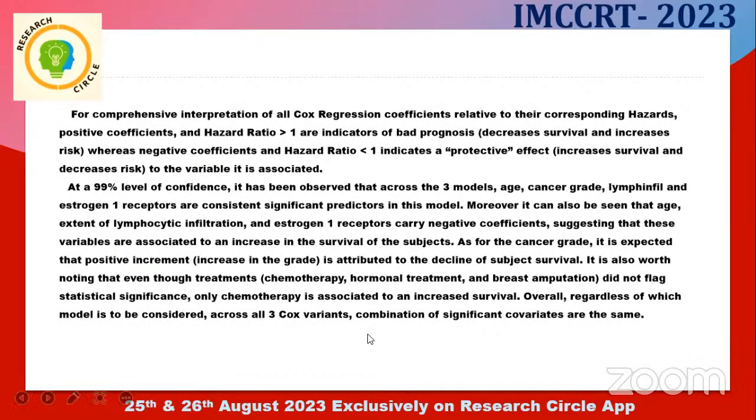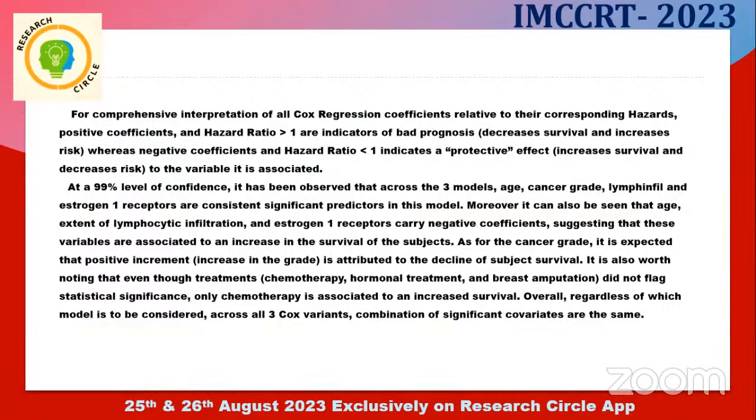Okay, so like what I have mentioned earlier, to make it more simple, all Cox regression coefficients relative to their corresponding hazard: positive coefficients and hazard ratio greater than 1 are all indicators of bad prognosis. Which basically means that they decrease the survival and increase the risk, whereas negative coefficients and hazard ratio less than 1 indicate a protective effect, or increase the survival and decrease risk for the variable it is associated with.